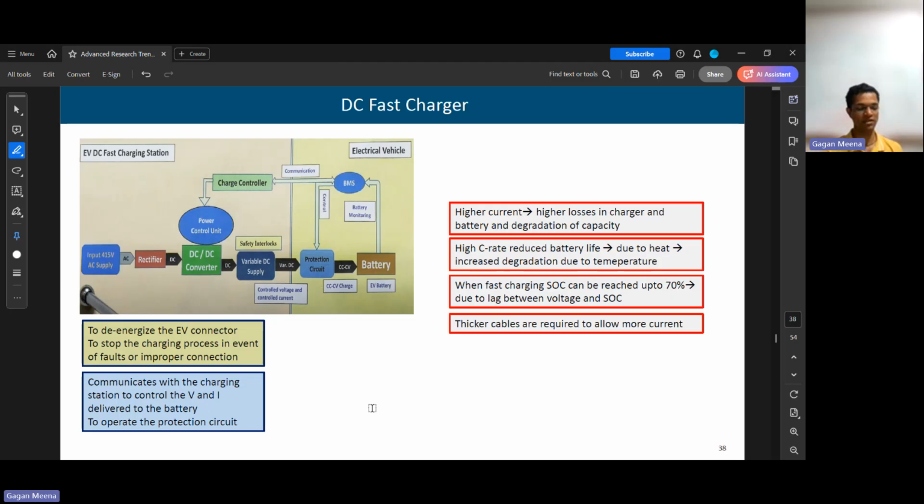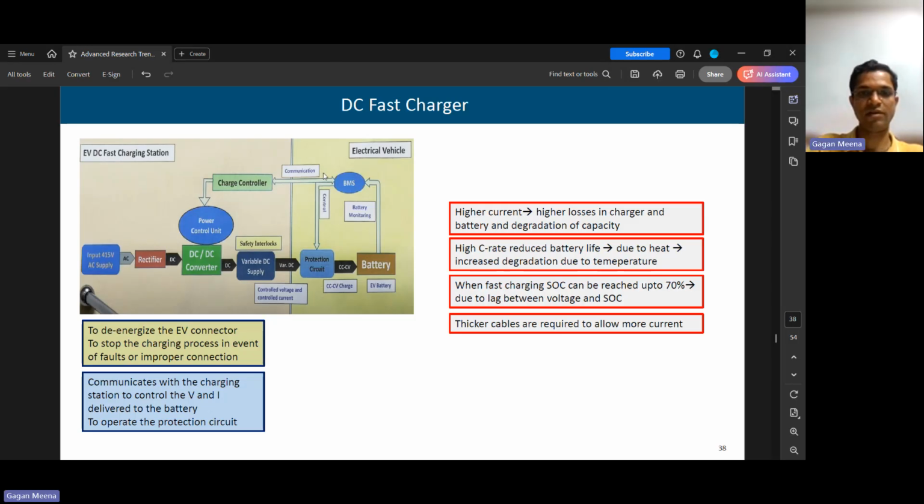We have already seen that the BMS, the battery management system, has so many functions. It monitors everything, it is helpful in visualizing the output, and it is also very important for monitoring the state of charge and state of health of the battery.